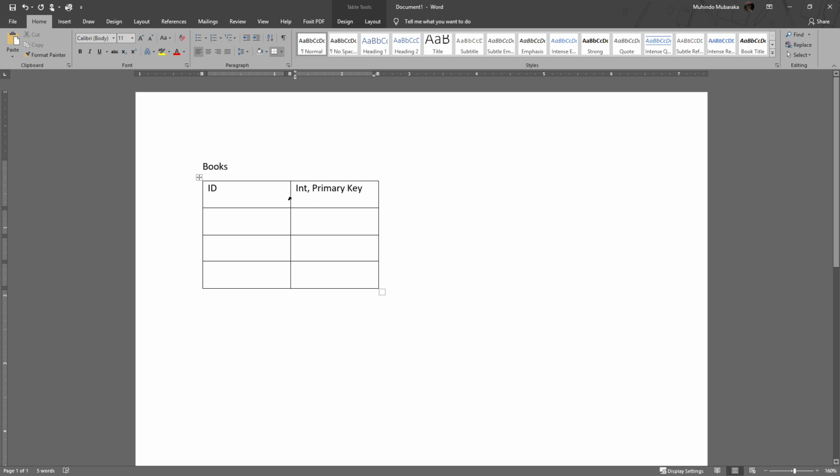It is always recommended that each table you create must have a primary key. Otherwise, if you create a table that does not have a primary key, we cannot identify each item uniquely, and we always consider that a weak table. It's a very weak table because you cannot identify items uniquely.